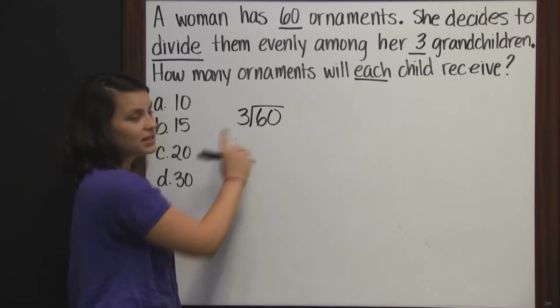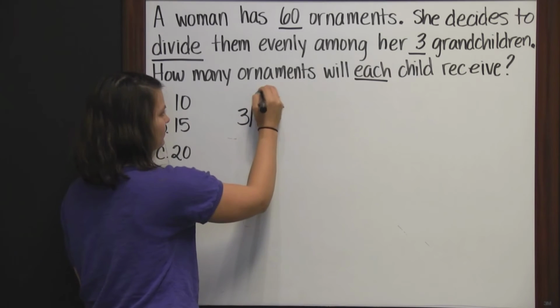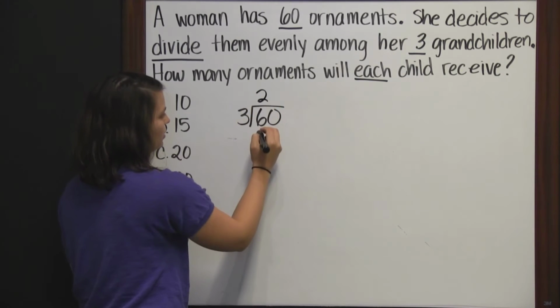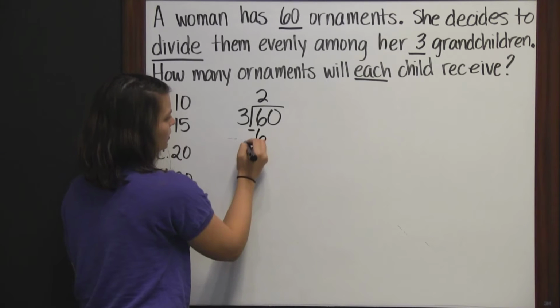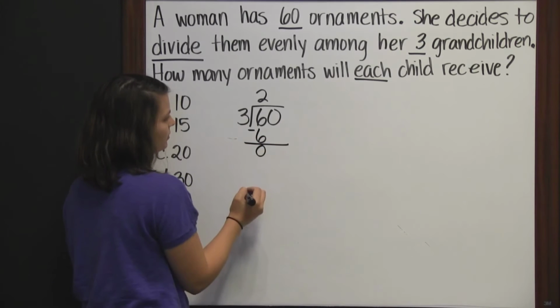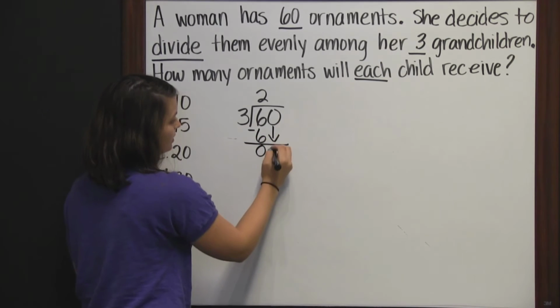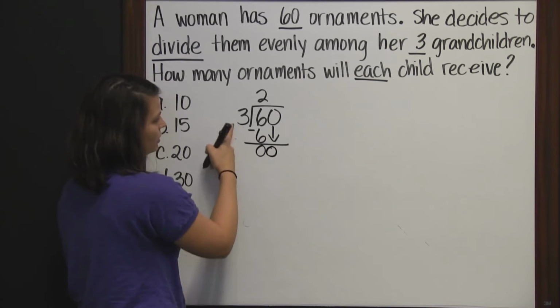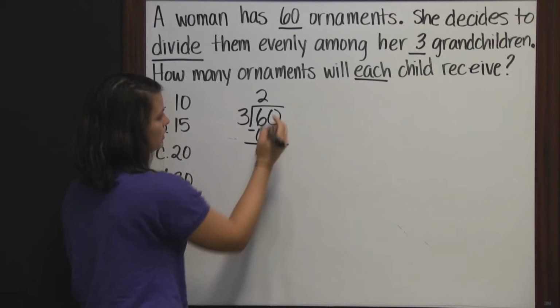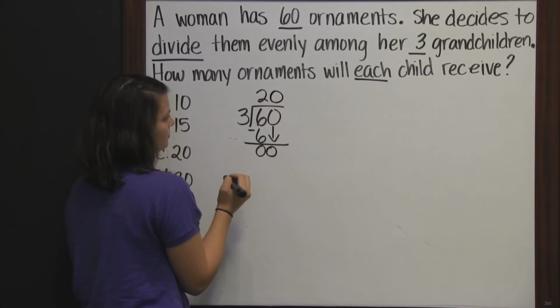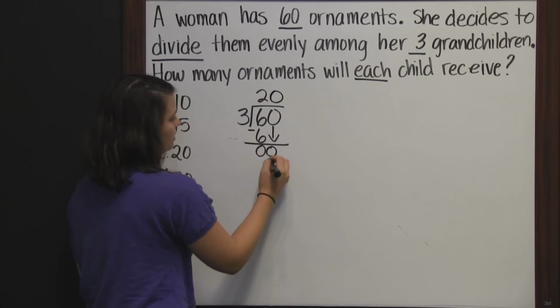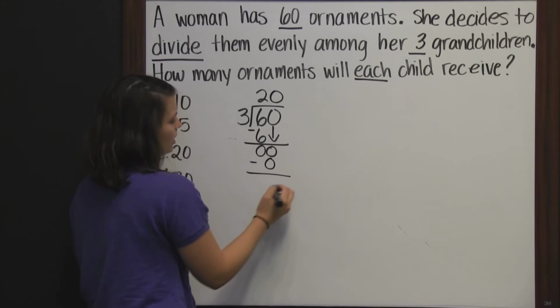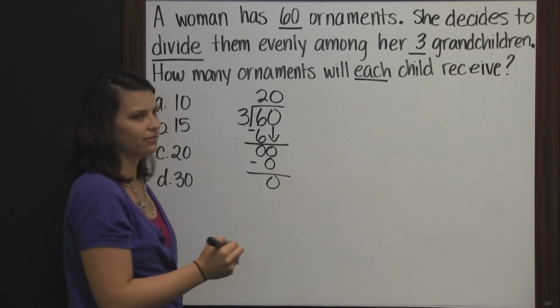3 goes into 6 2 times. 3 times 2 is 6. If we subtract, we get 0, and then we bring down 0, and 3 goes into 0 0 times. And 3 times 0 is 0. And you subtract and get 0.